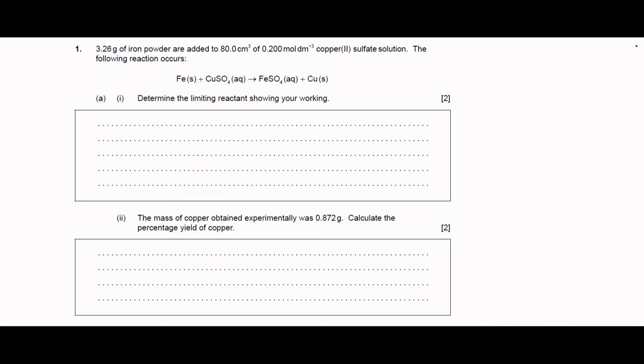Now let's try to understand this question once again with the help of images. Let's assume that this is the iron that we are going to use for the experiment. From this iron powder, just 3.26 grams will be taken. And this is the copper sulfate solution.